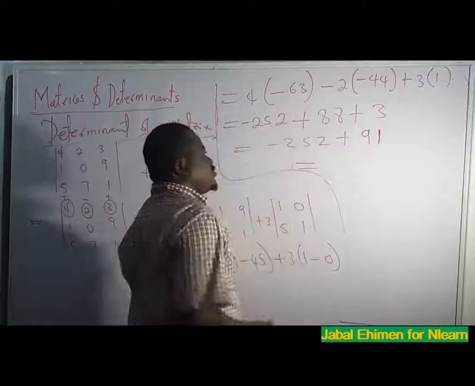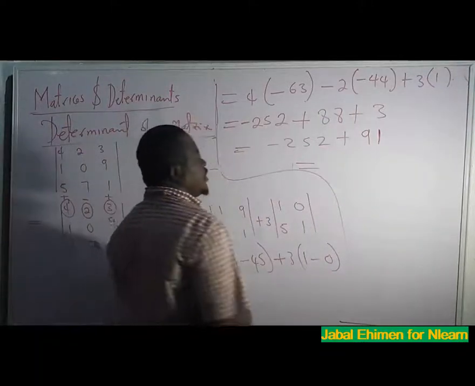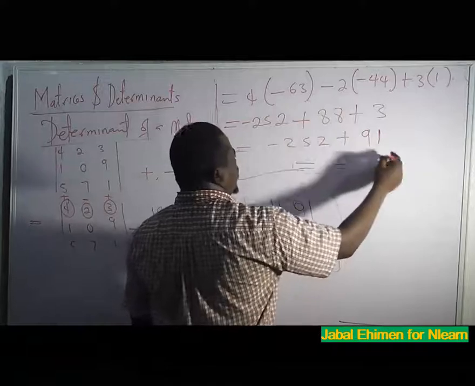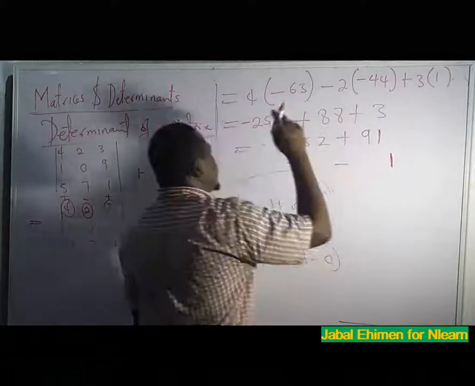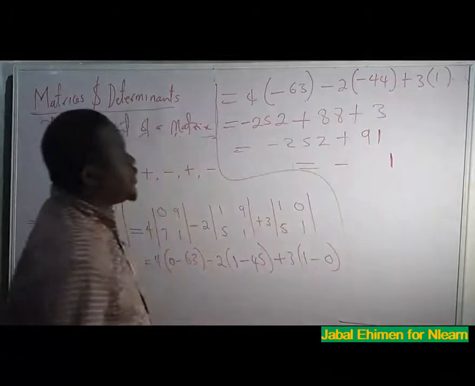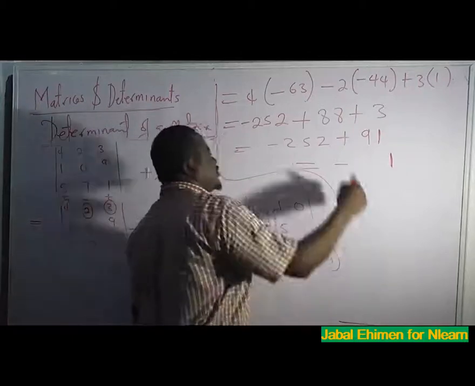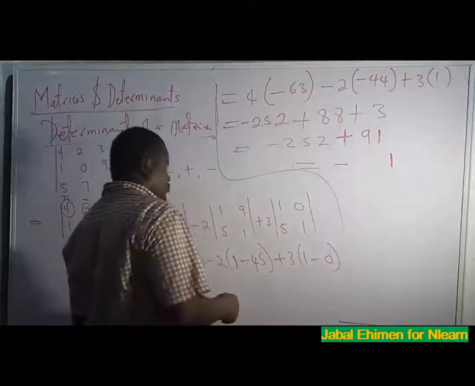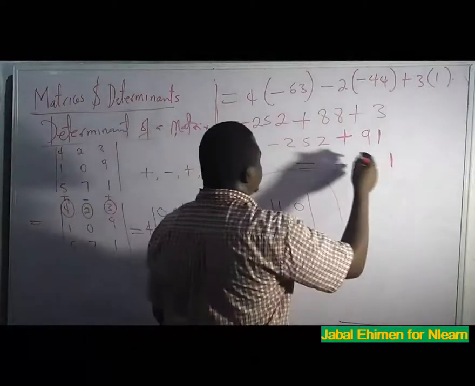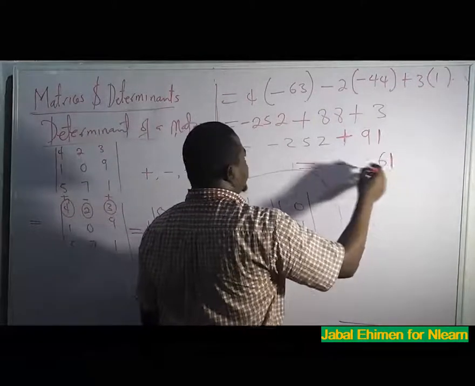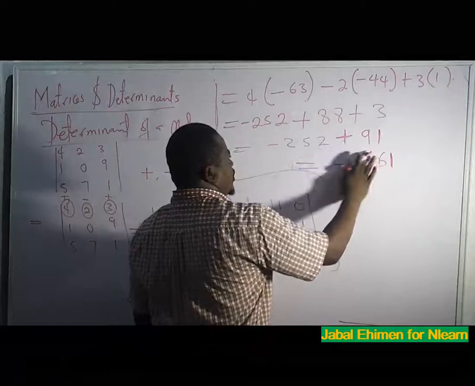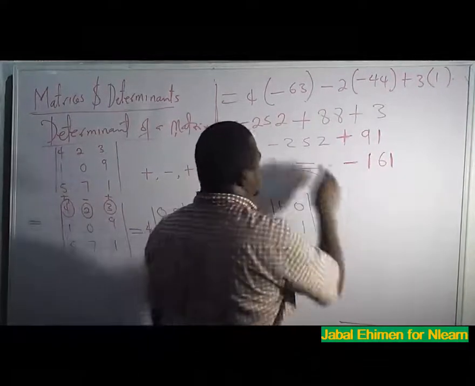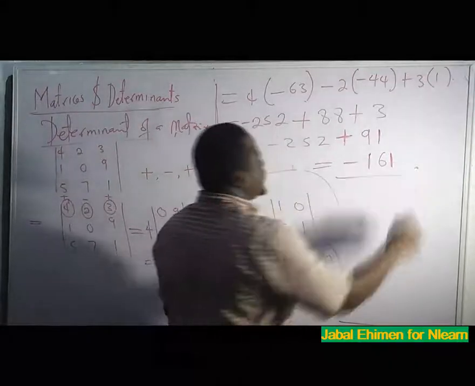So if I decide to subtract my values, I will say 2 minus 1 will be 1. And what do I have next? I will have 15 minus 9. If you have 15 minus 9, that will be 6, and that will be 1. So automatically, I have minus 161 as the determinant of the matrix.